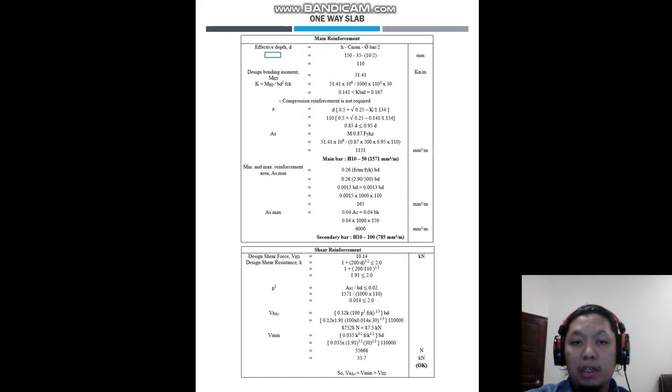And after we calculate the rho 1 and the VRDC, we get the VRDC as 87.5 kilonewton, and the V minimum, from the formula, when we insert the values in the formula, we get the final answer, which is 55.7 kilonewton. So the VRDC and V minimum are more than VED. So the result is acceptable and it is okay.